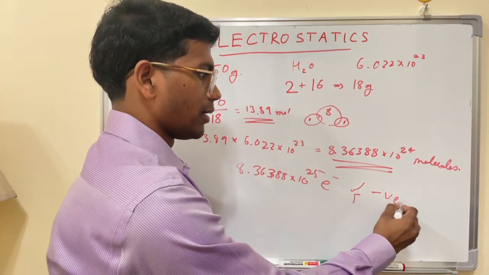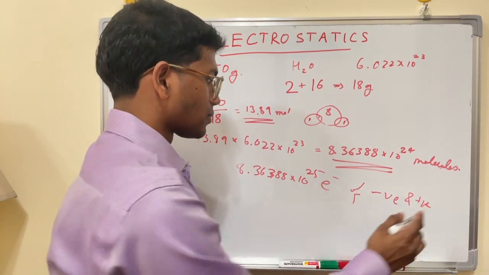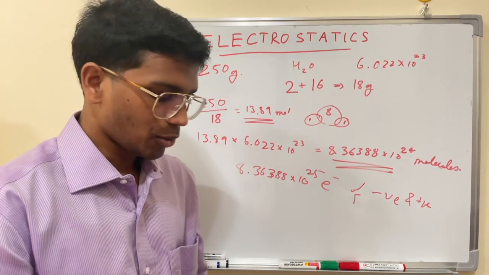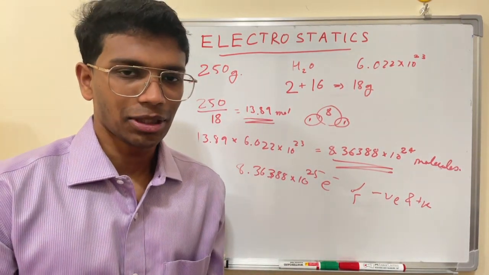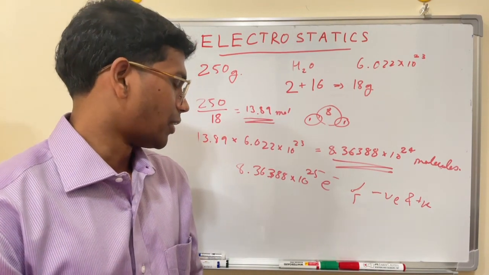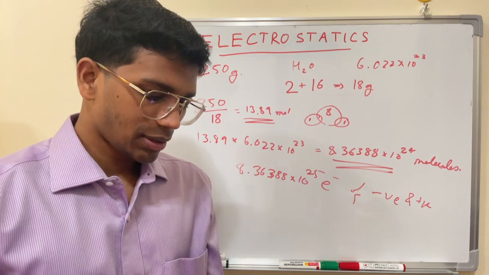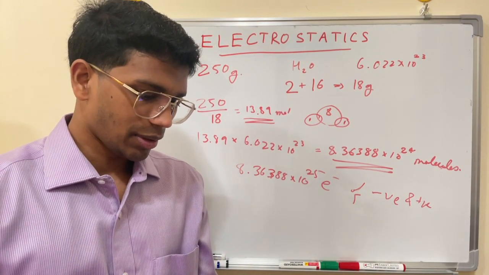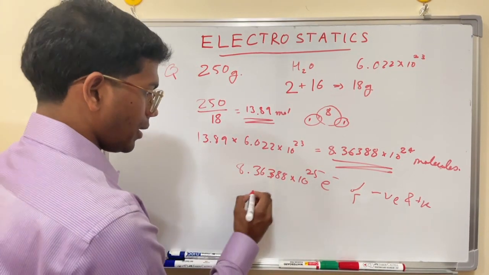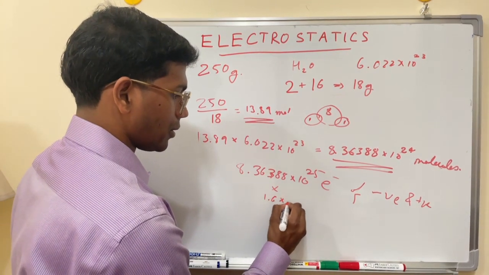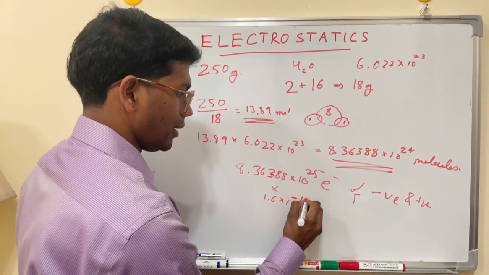So negative and positive. And to convert it into coulombs, we need to divide it with the elementary charge. Oh wait, no, in this case, since we have electrons, we need to multiply with the elementary charge. So we have 1.6 into 10 to the negative 19.